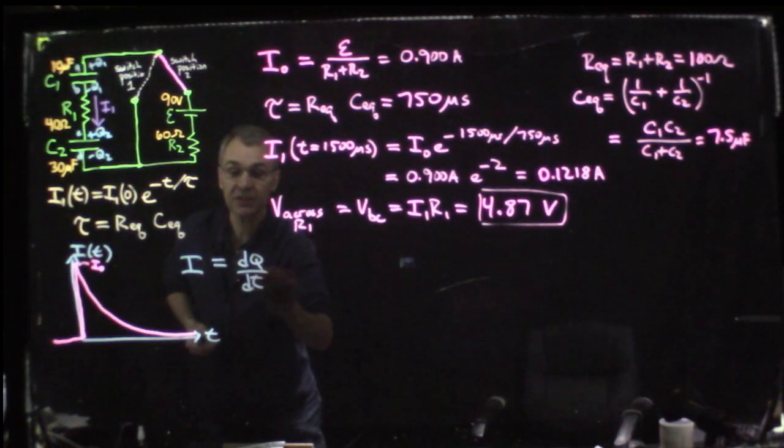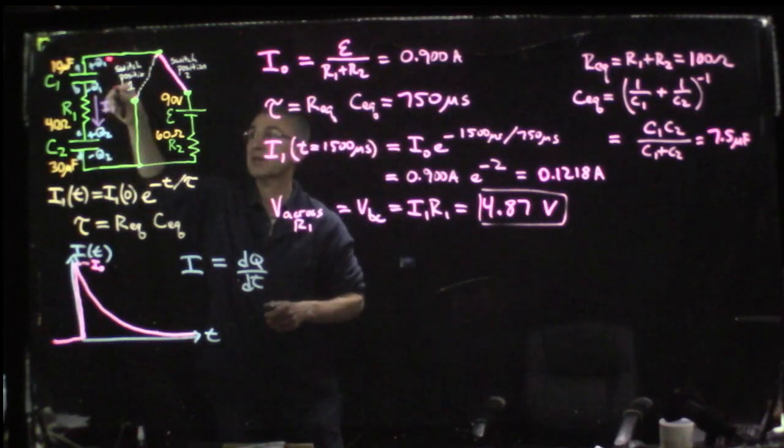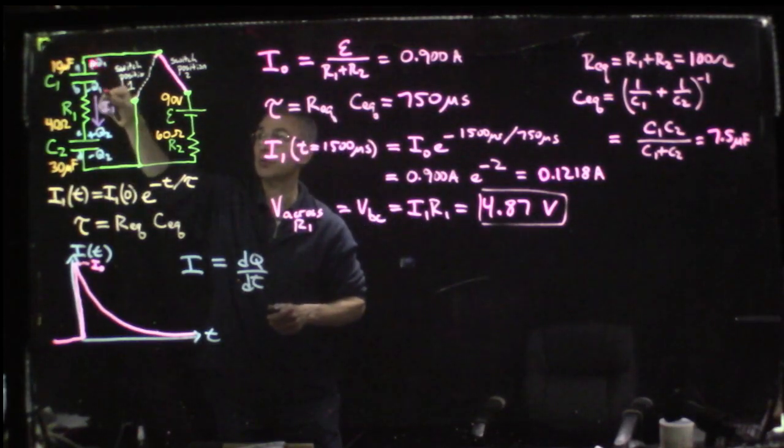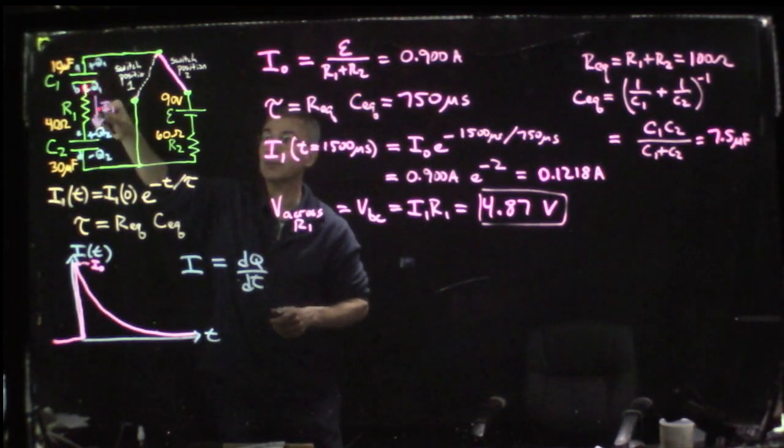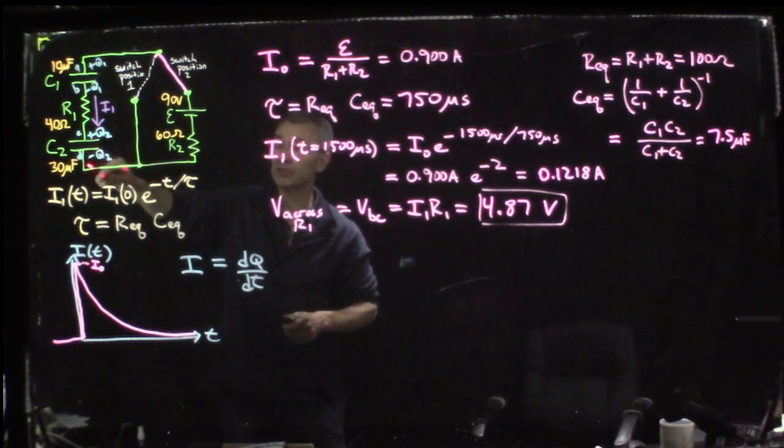I mean, it's dQ1/dt, and it's also equal to dQ2/dt, because this current is adding positive charge to Q1. It's moving positive charge away from this bottom plate of Q1. It's adding positive charge to this top plate of Q2. It's moving positive charge off of this bottom plate of Q2.